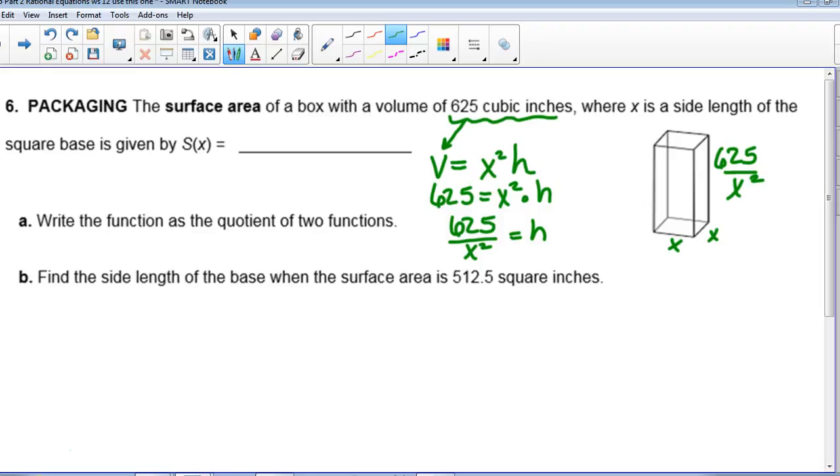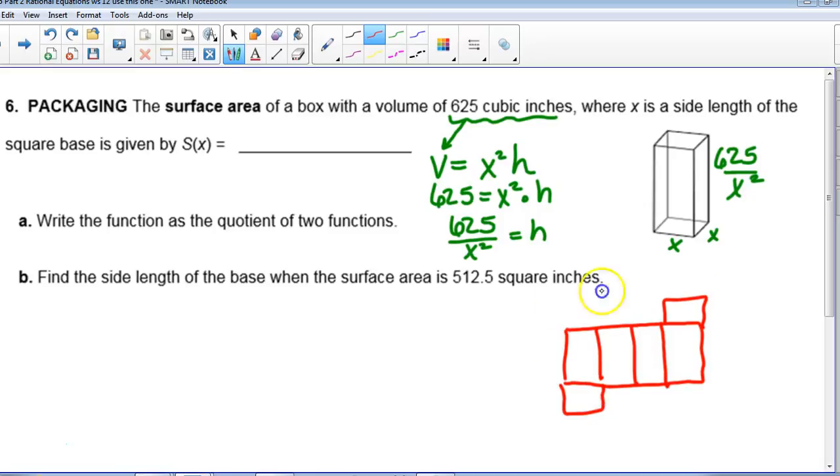Now we need surface area though, guys. What's the formula for surface area? Or what's the idea? Do you remember doing this? Ever?